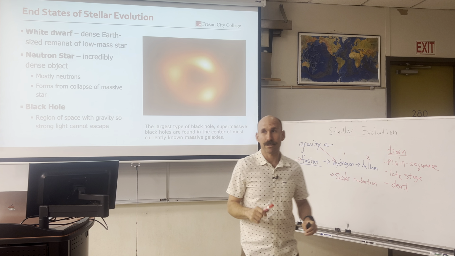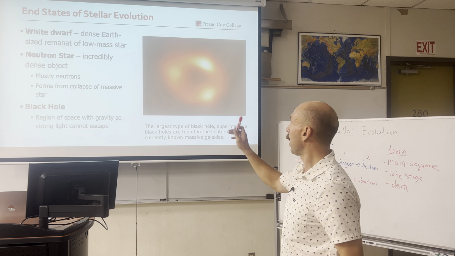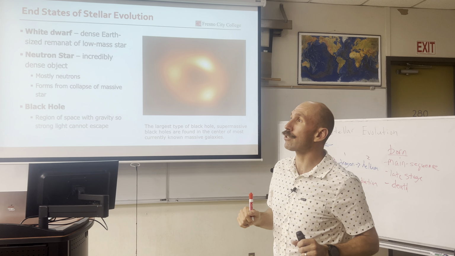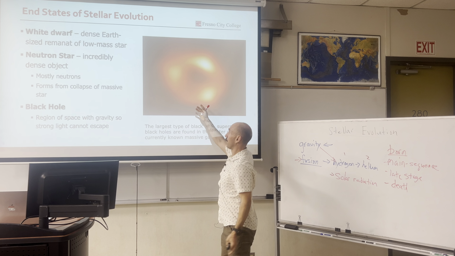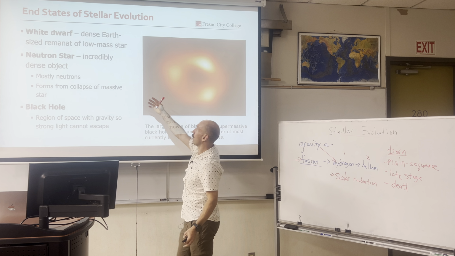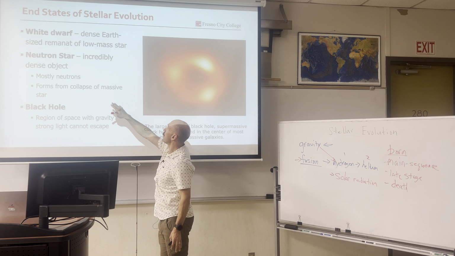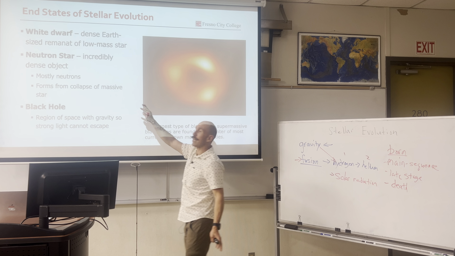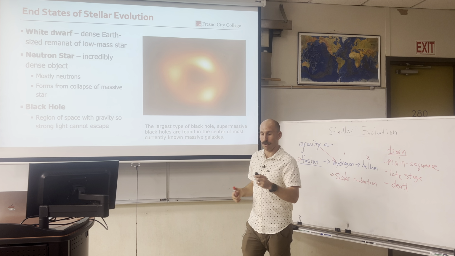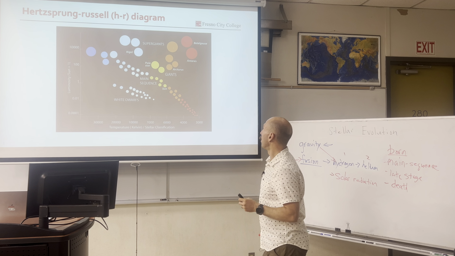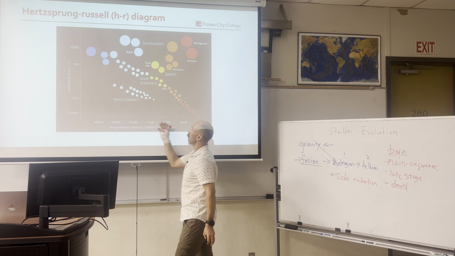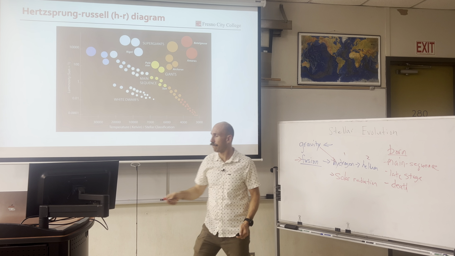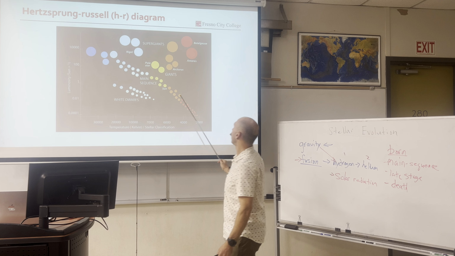The difference here is black holes have gravity so strong that the light cannot escape them, and so when we see them through the telescopes, they actually look like a black hole. Neutron stars are incredibly dense objects, also from the collapse of massive stars, supernova explosions, but we can actually see them when we look at them through the telescope. So temperature on the x-axis, luminosity on the y-axis, and actually following the pathway of stellar evolution.